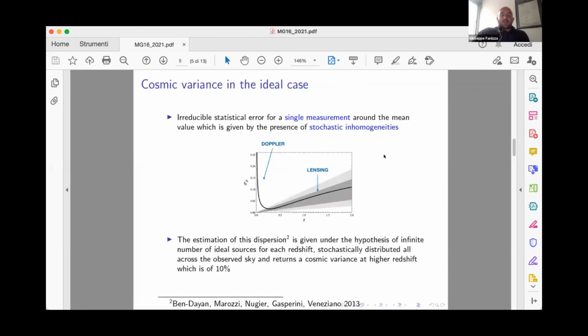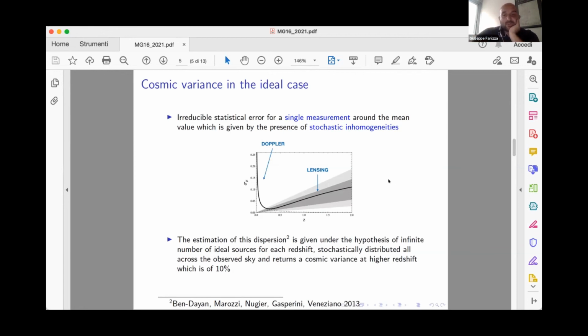So just to tell you what I want to do here, I'm just working within lambda CDM models, and just by considering the role of inhomogeneities as encountered by light traveling from the sources towards us, I want to estimate how large the impact of those inhomogeneities is on the precision of the estimation of H0, by taking into account realistic forthcoming surveys which deal with both a finite number of sources and finite sky coverage of the surveys themselves.